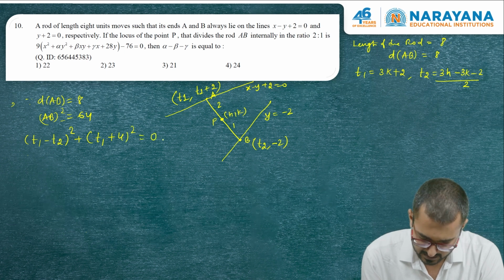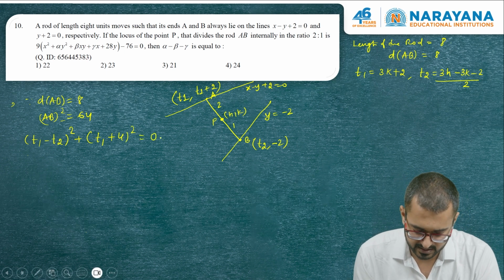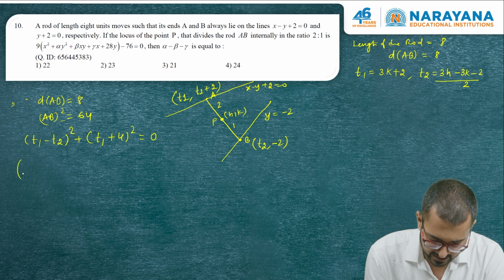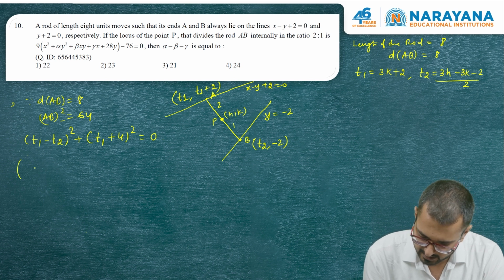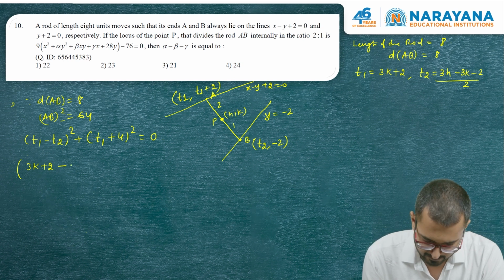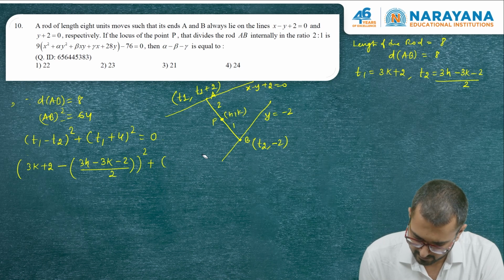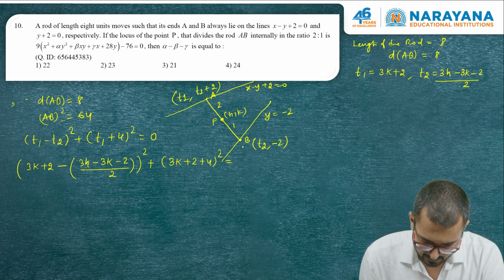So t1 is 3k plus 2, minus t2, which is 3h minus 3k minus 2 upon 2, the whole square, plus 3k plus 2 plus 4 square is equal to, no, it's not 0, this is 64.